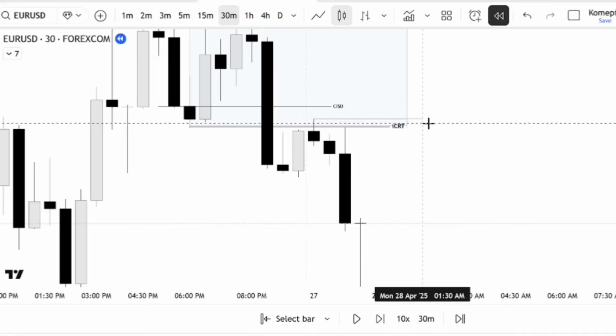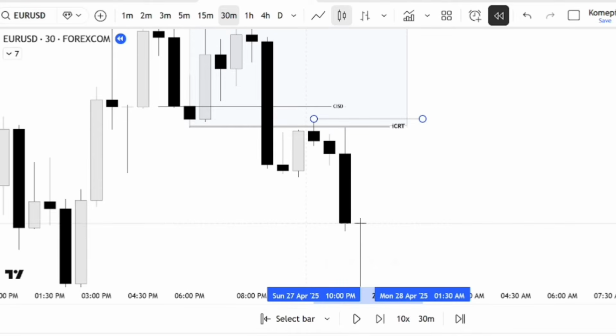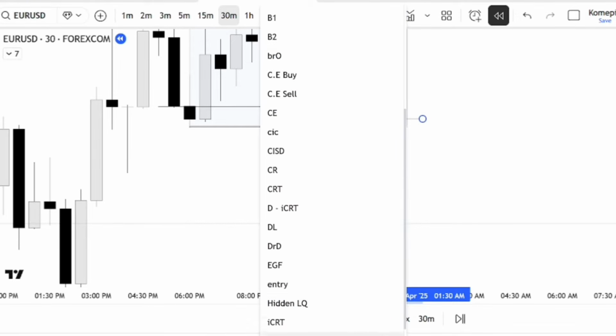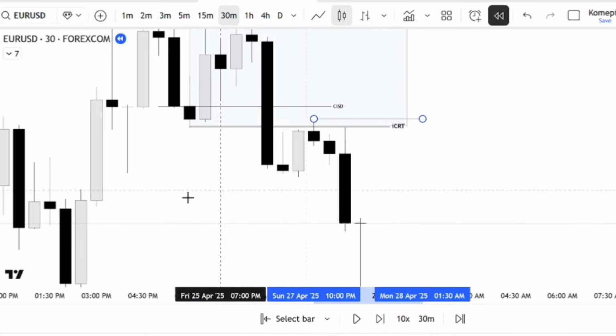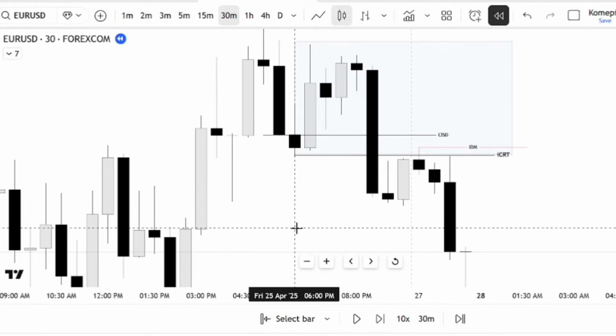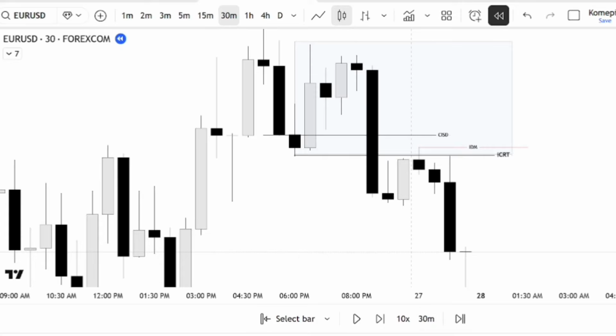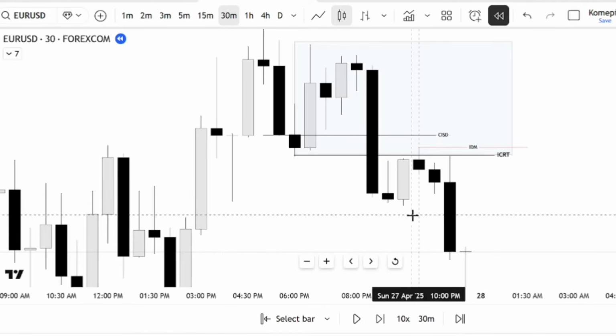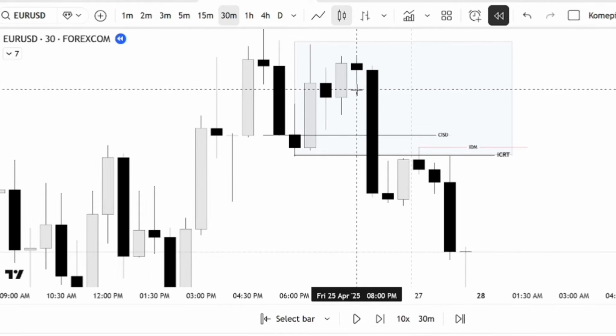As you can see, this is really obvious, not just an ordinary inducement. This is also called the Komepips chariot inducement. Now, don't get confused, it's the same thing. However, when we talk about the Komepips chariot inducement, we're talking about inducement legs that trade into a PD arrays.